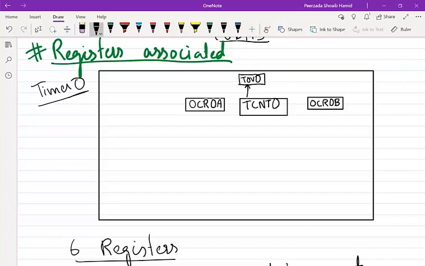What's the job of these output compare registers? Sometimes we don't need our timers to reach the maximum limit FF. We want them to stop at a particular number. Maybe we only want to count from 00 up to 0E, or from 00 to 38. So that number is loaded in one of these registers.